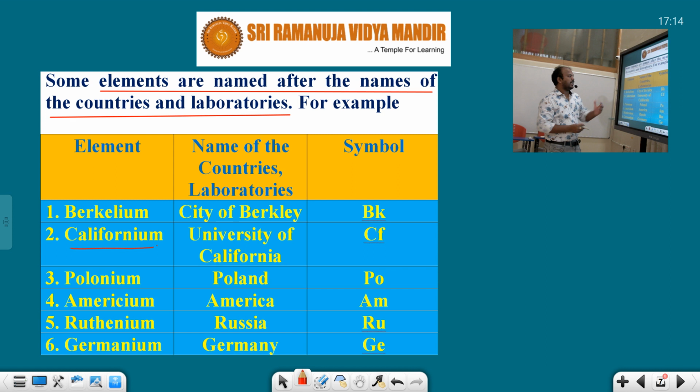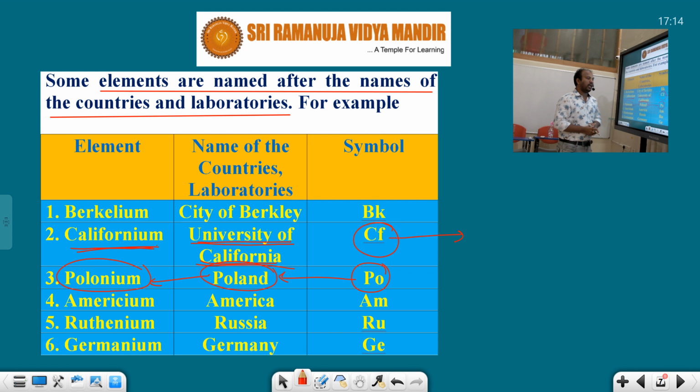By basing on that, the element Californium was named. This Californium is Cf. Here the first letter is a capital letter, the second letter should be a small letter. And another one, we know the country Poland. By basing on that, the element name polonium was given. Polonium is derived from the country Poland. From the country name, one element name is given.